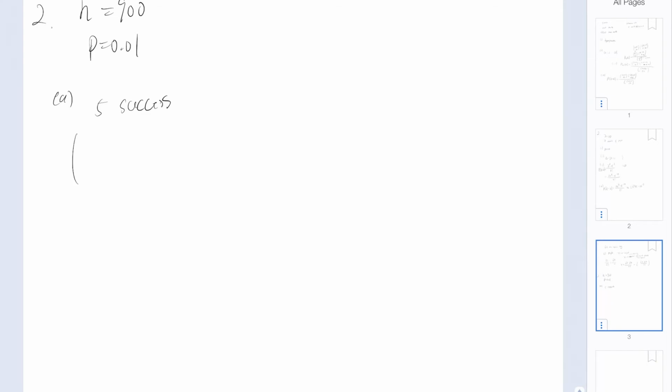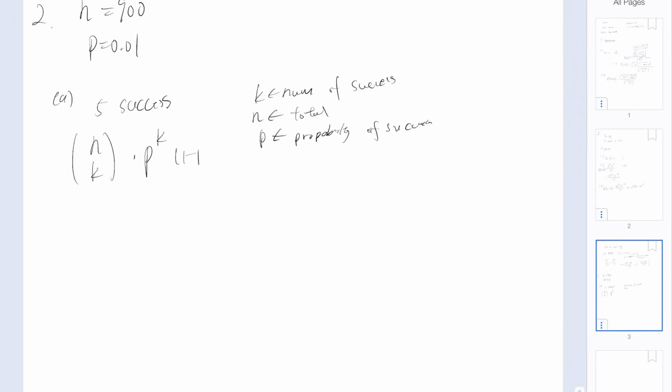And we know that for the binomial distribution, the formula is n choose k times p to the k, where p is the probability of success, k is the number of successes, and n is the total number of trials. For x equal to k, we need k successes and n minus k failures, and we need to choose k successes out of n.